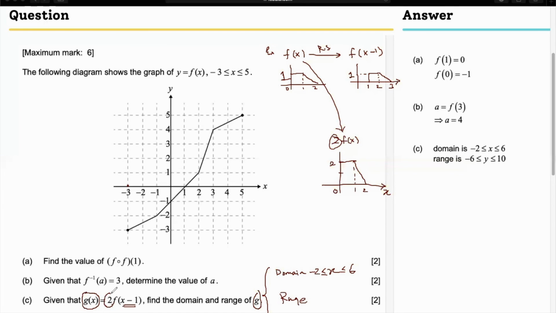So when you do the double, this 5 will become 10, and this -3 will become -6. You're simply multiplying by 2. So the range or y values are going to be from -6 to 10. And that's what the answer is over here, just a better explanation of the answer that was given.